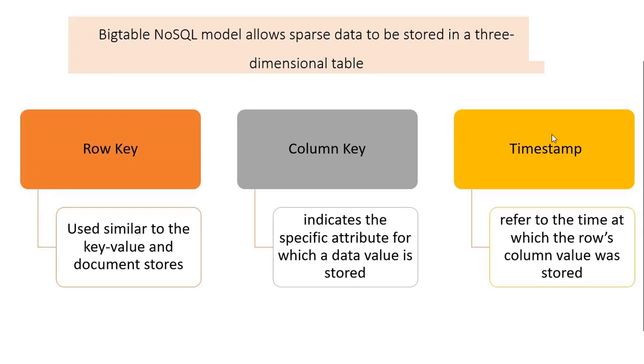The column key indicates the specific attributes for which the data value is stored. The third dimension, the timestamp, refers to the time at which the row-column value was stored. So the first is the row key, the second is the column key, and the third is the timestamp.